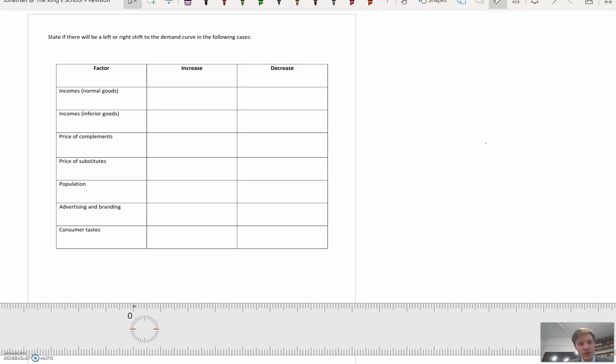Okay, once you've done them, incomes. If incomes increase for a normal good, you're going to get a shift right, and then for a decrease, a shift left. Again, the other way around. If the price of a complement rises, the demand for that complement falls, and therefore the demand for your good is also going to fall, and vice versa.